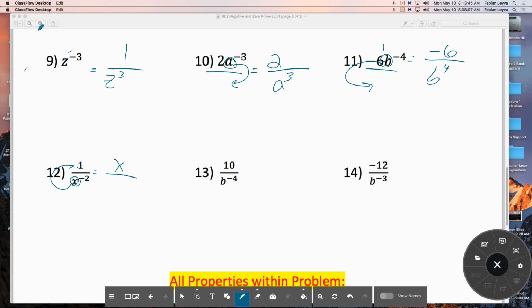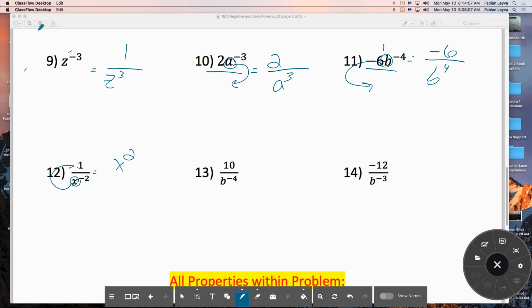I left out that 1 because 1 times anything is itself. You could write it there right next to it, but it's a little unnecessary. Now, the action of moving it makes it a positive. Now, do I really need a 1 in the denominator there? No, right? Because anything divided by 1 is itself, so I'm just going to leave it as x squared.